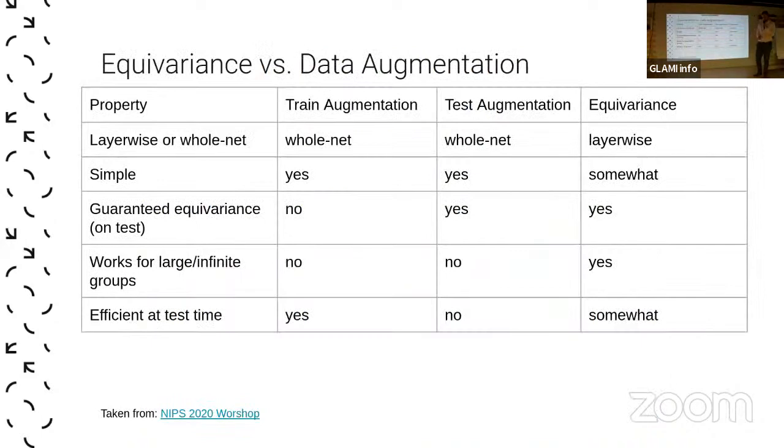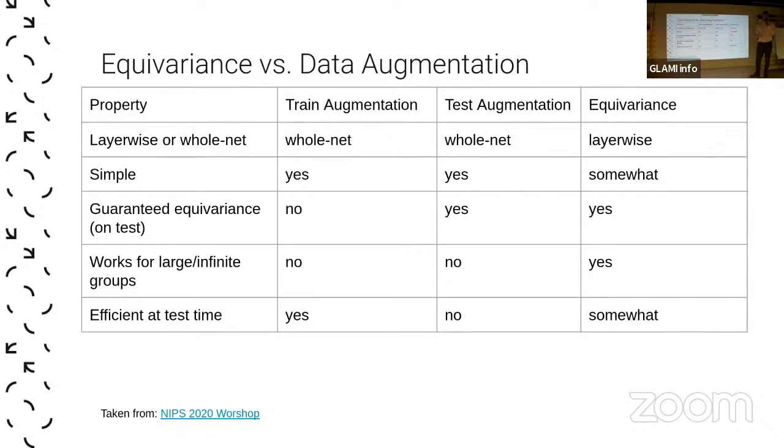And so there's this natural question of comparing the approaches. One of the nice things about creating equivariant models is that with the definition that I gave, each layer is equivariant. So when you're training the neural network on, let's say, augmented data or a large enough data set, you only know that your entire network is equivariant.